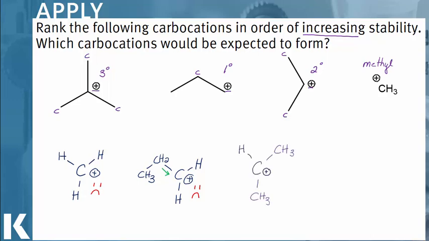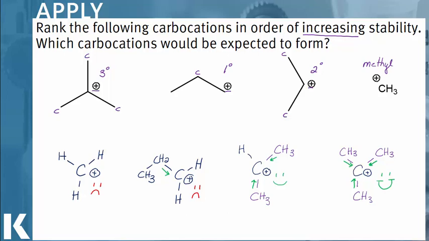However, once we get to 2 R groups, we're able to donate enough electron density to make this secondary carbocation fairly happy. And by the time we get to tertiary, where we have not 1, not 2, but 3 R groups, we can donate a lot of electron density, and this would be the most stable of the carbocations.